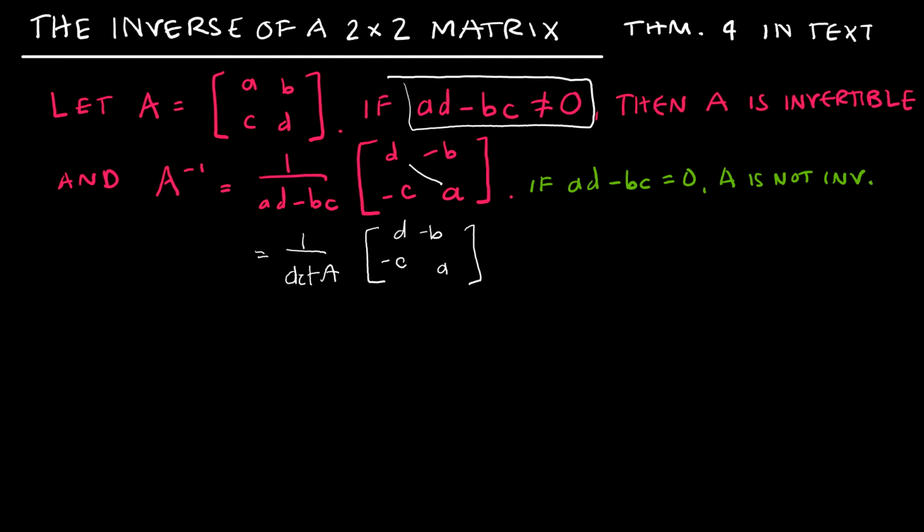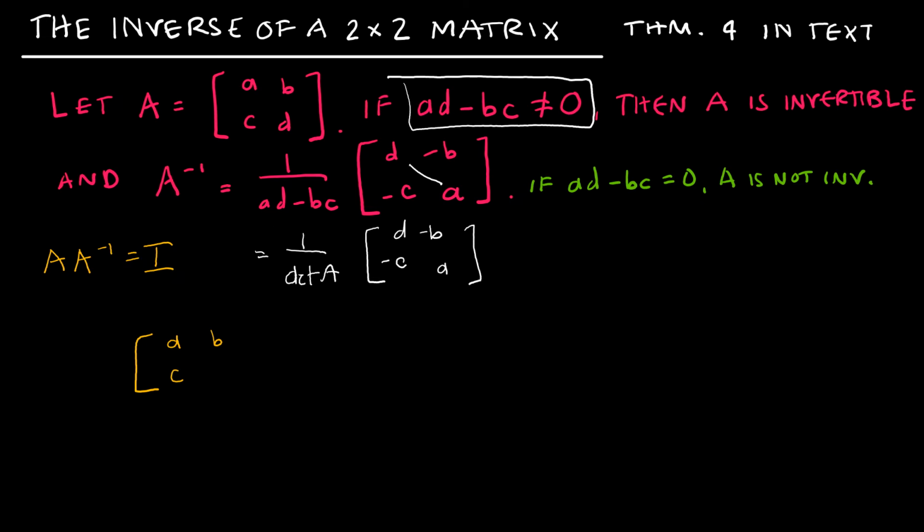Now, before we actually use this formula to find the inverse of a 2 by 2 matrix, let's talk about the fact that it is going to work. Based on what we talked about before, A times A inverse should give me the identity. So let's do that symbolically.